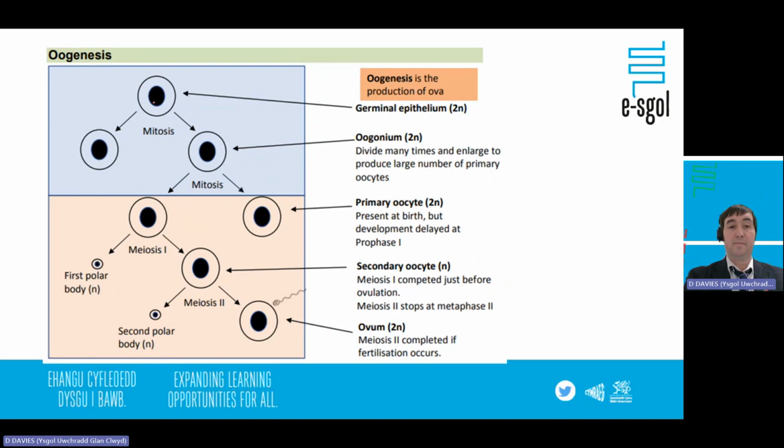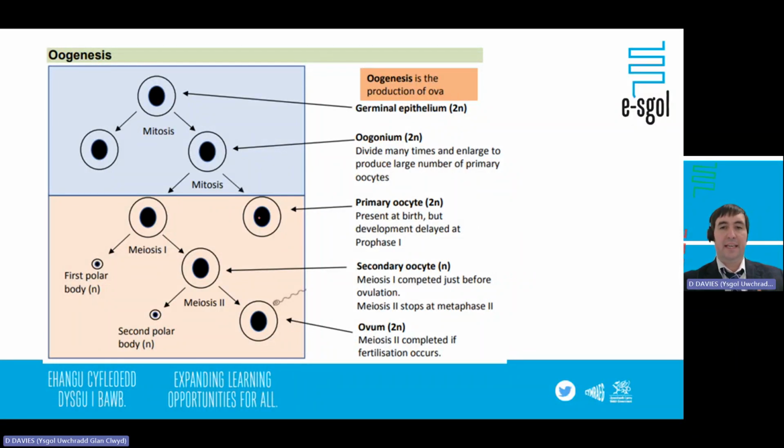So that undergoes a mitotic division to produce oogonium, an oogonium or oogonia. So far that's fairly similar to what we've had in spermatogenesis, isn't it? And again, the ium ending, spermatogonium, oogonium.